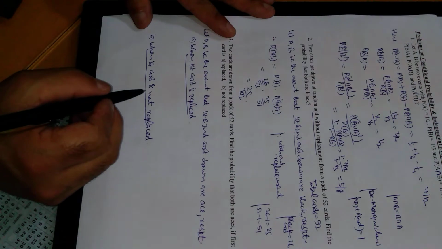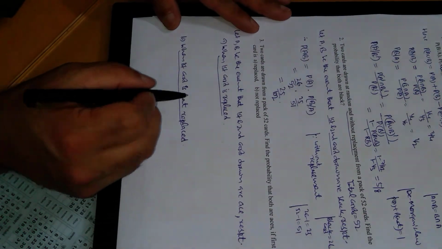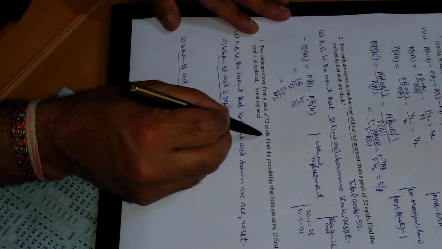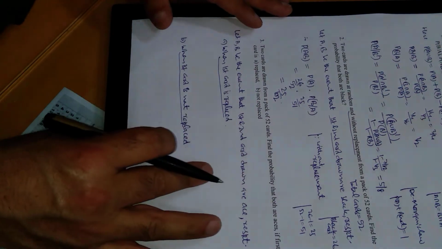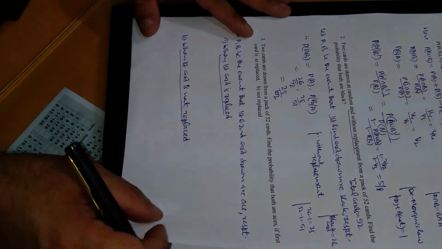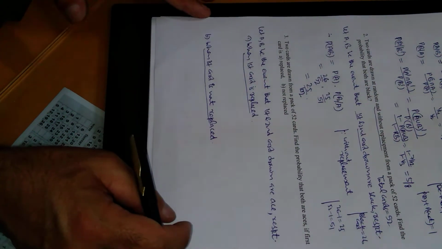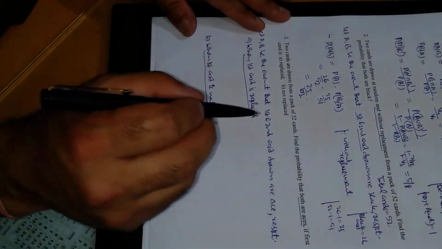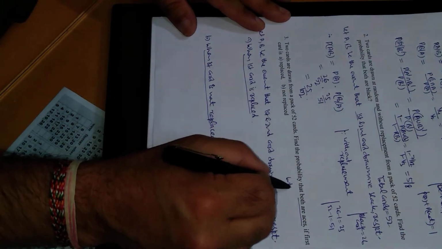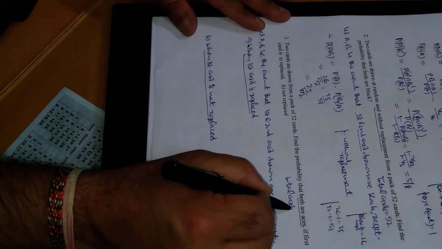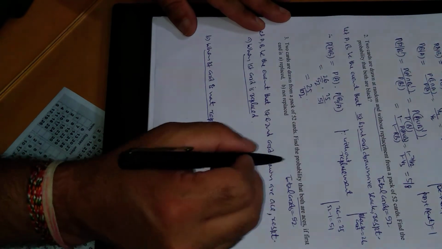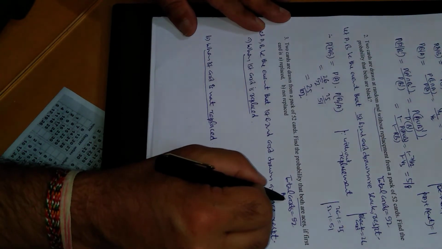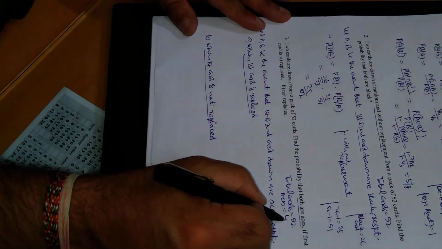Alright, so cards are drawn one by one. Next: two cards are drawn from a pack of 52 cards. Find the probability that both are aces. Aces means card number 1. So total cards are again 52, so the total number of possible outcomes is 52. Aces are 4, as we know.